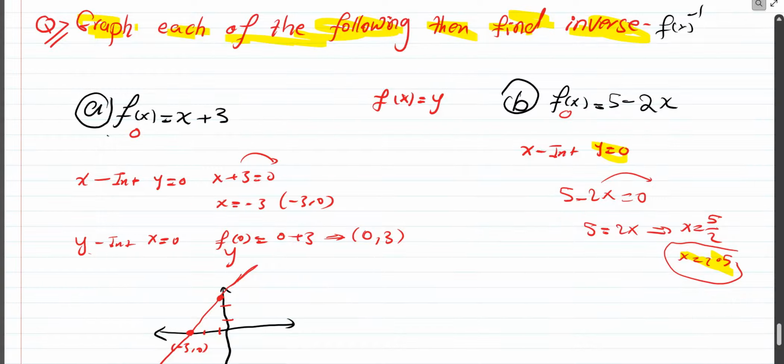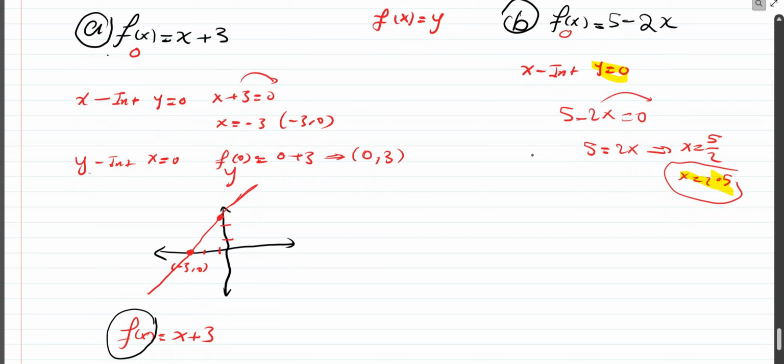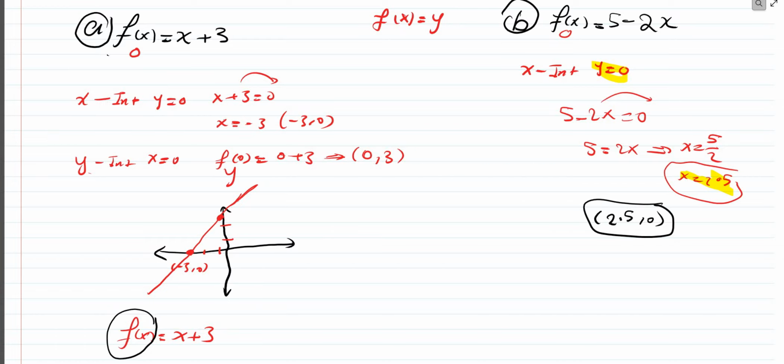So the coordinate of this function is going to be 2.5 and 0. You can use a table of values in order to graph, but in my opinion this way is easier to find out the graph. This is one of the points. Second point, if I use the y-intercept, x equals 0 this time.